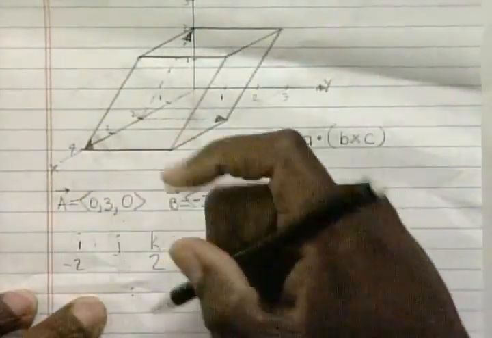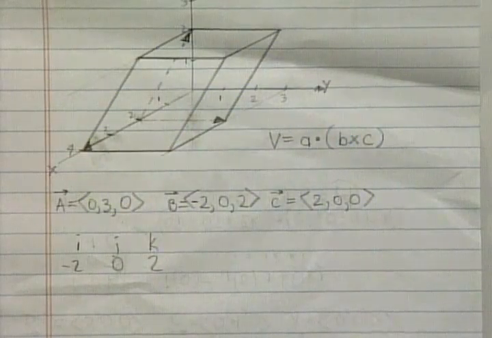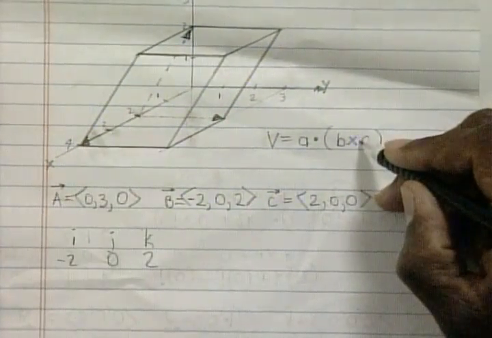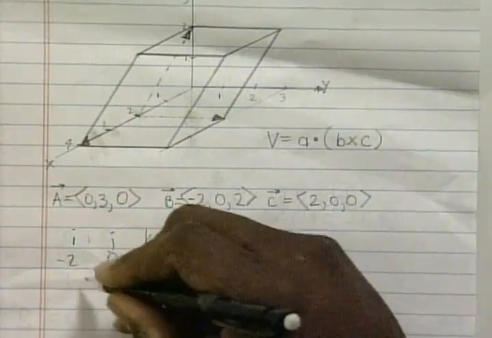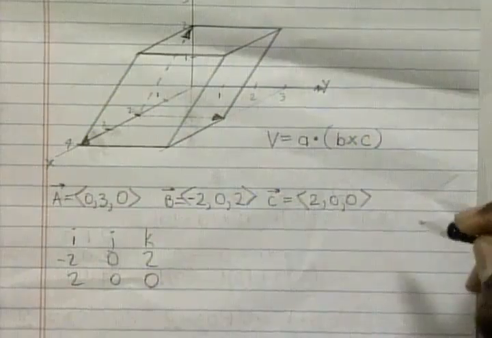And then C, that vector is 2, 0, 0. Just checking my work. All right, so let's find the cross product.